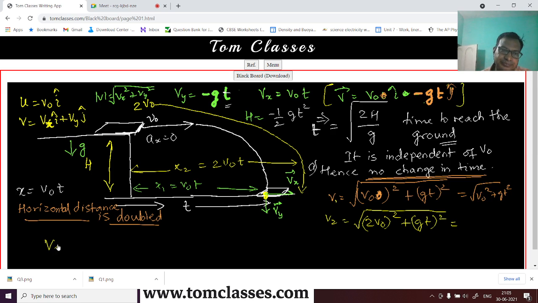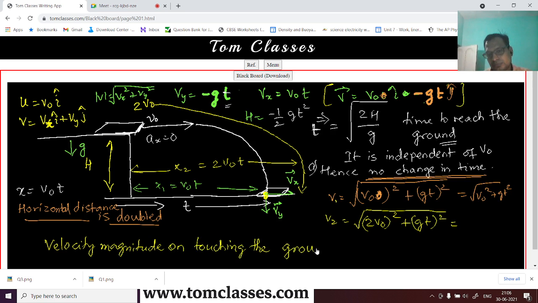So the velocity magnitude on touching the ground will be more in the second case, right?